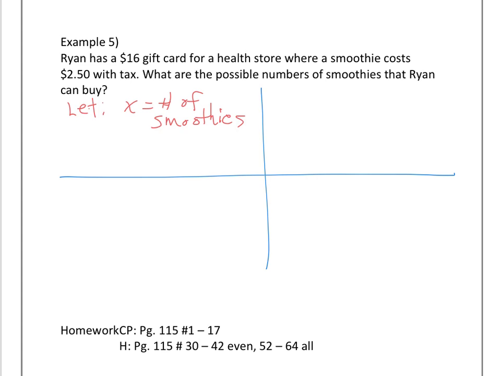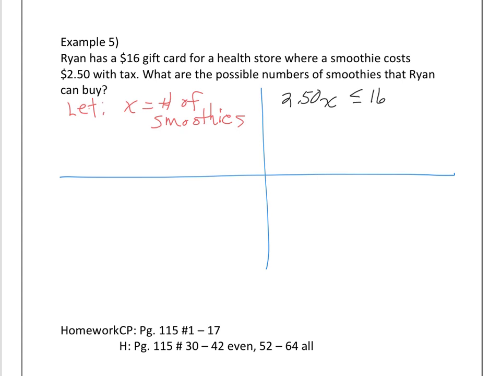So to set up our equation to solve, he wants to buy smoothies, and you don't want to set up an equation where x is by itself. So every time we buy a smoothie, so x is the number of smoothies, we would multiply that by $2.50. That would give us the total cost of however many smoothies we bought. That has to be less than or equal to $16.